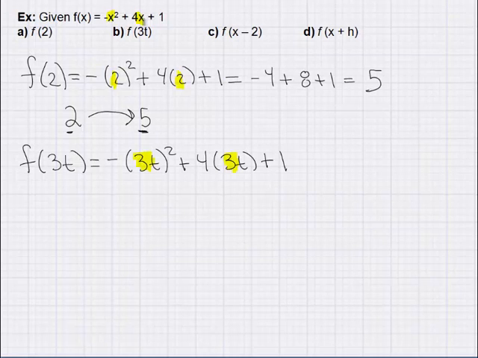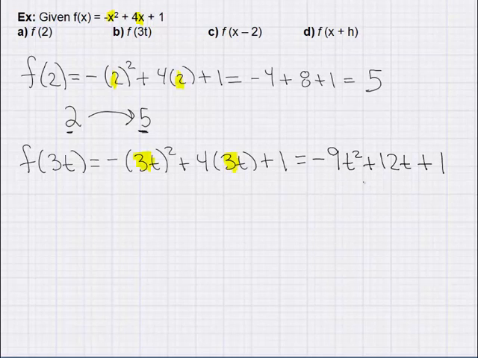Okay? So, what I get is 3t squared. That's 3t times 3t, which is 9t squared. Multiplied by a negative is negative 9t squared. 4 times 3t is 12t plus 1. And that's the best I can do.